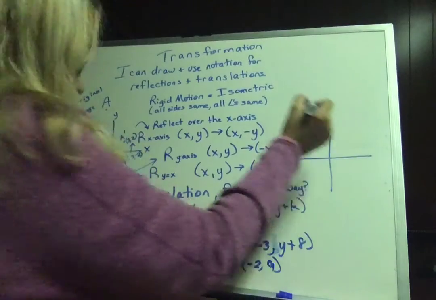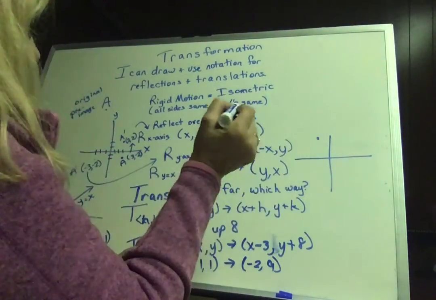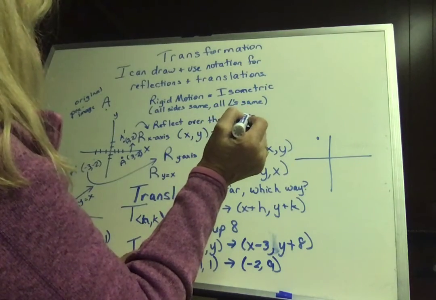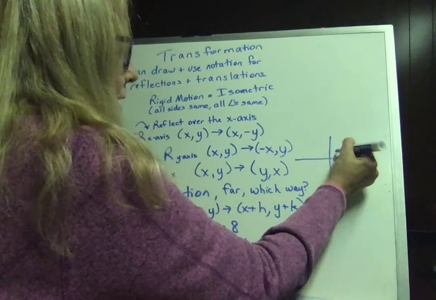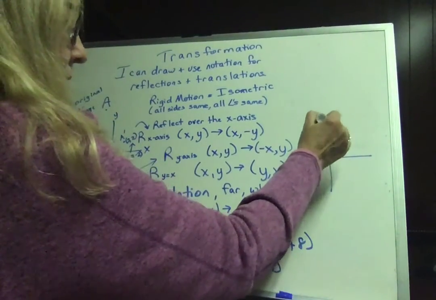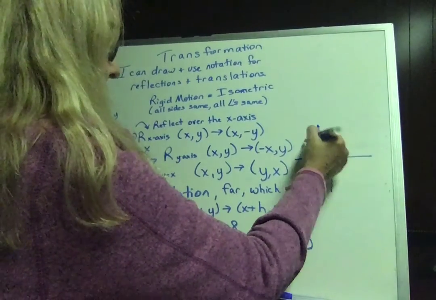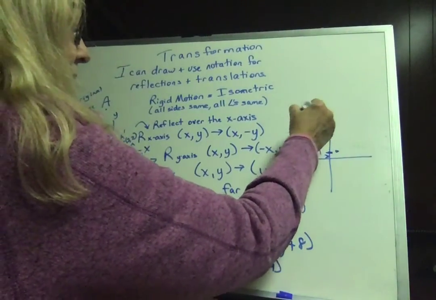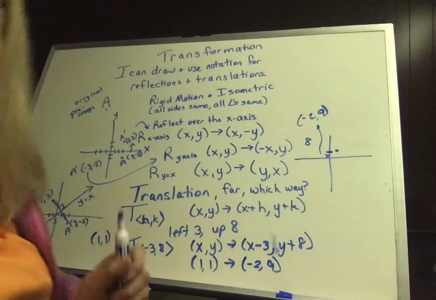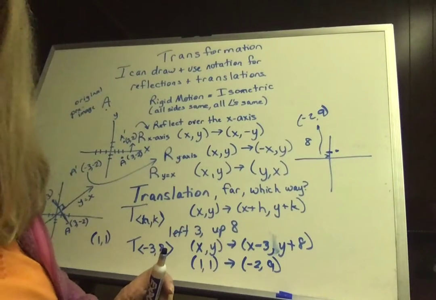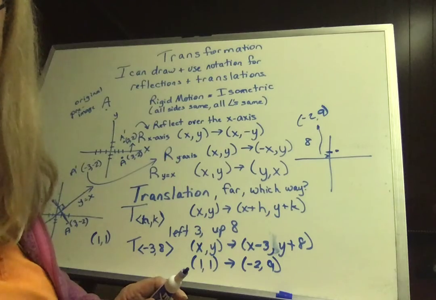Wait, I started at 1, 1. What am I thinking? Here's 1, 1, and then left 3 and up. So it makes sense. Left 3 and up, left 3 and up 8. It ends up at negative 2, 9. And that's the basics. You should understand more as you do the problems in Pearson. Thank you.